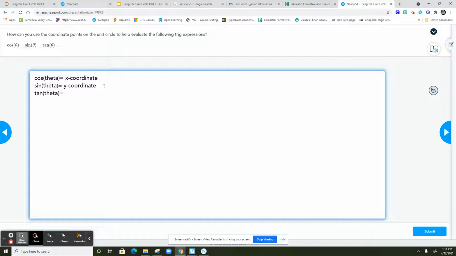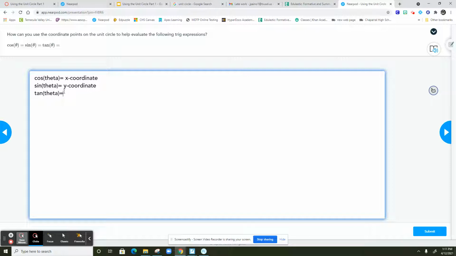Okay, what is tangent? Well, if you think of SOHCAHTOA, tangent is opposite over adjacent. And so here, if you remember, sine is opposite over hypotenuse, but hypotenuse was always 1. So sine is technically just opposite in this case, and cosine is just adjacent.